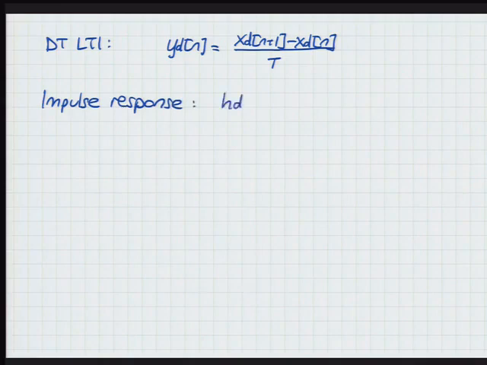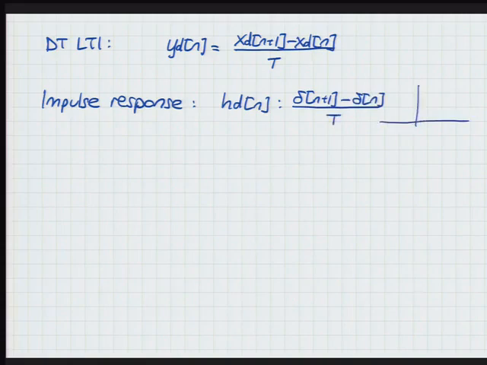hd of n equals, well, what do I substitute for input when I look at the impulse response? I put delta, so delta of n plus 1 minus delta of n, over T. So it looks very simple, actually.